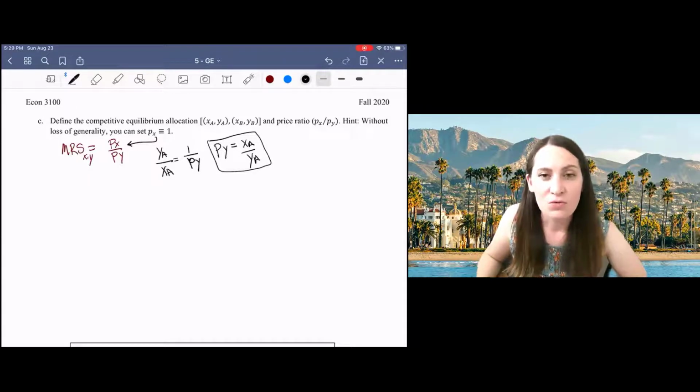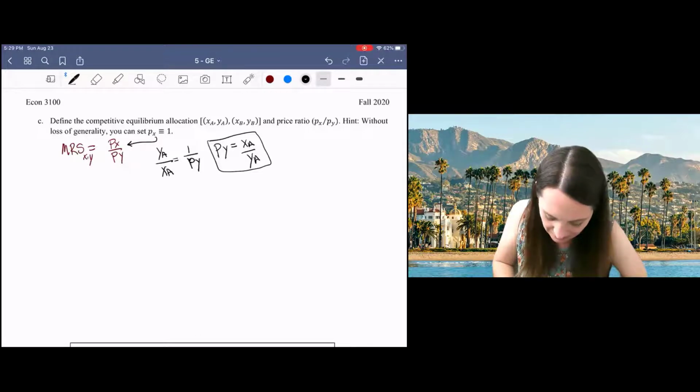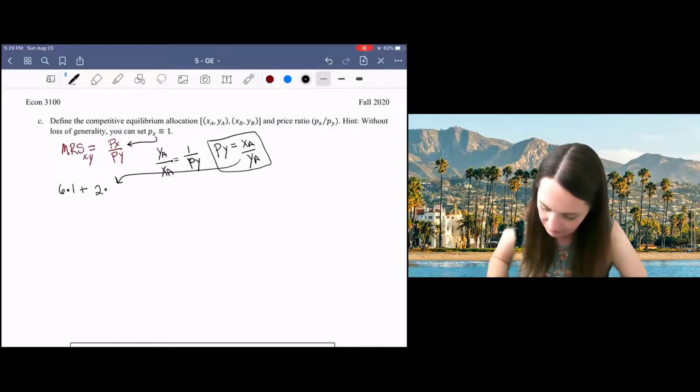What we'll do is we'll set equal the value of her initial endowment to the value of her final competitive equilibrium endowment. So initially, Anne had 6 units of good X. The price of X has been assumed to be 1. And she had 2 units of Y. We'll plug in now PY as XA over YA.